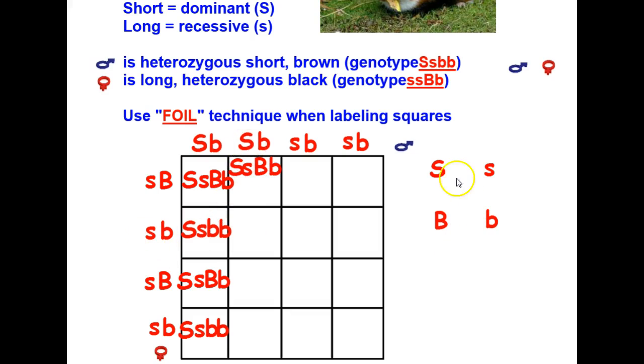Big S, little s, little b, little b. Big S, little s, big B, little b. And big S, little s, little b, little b.